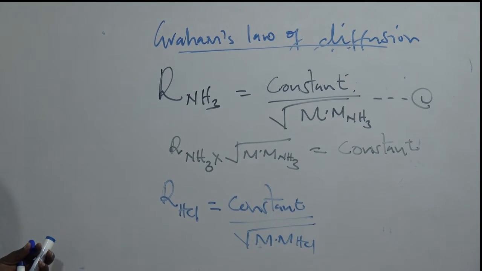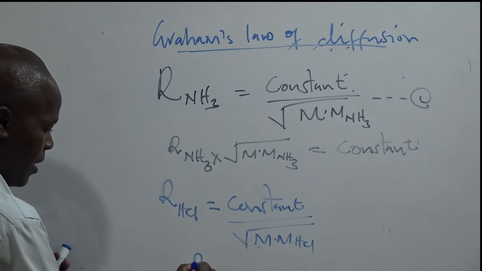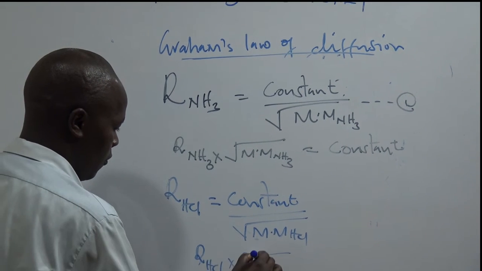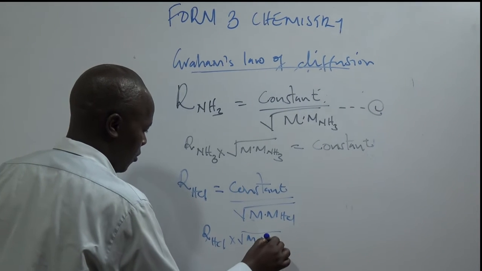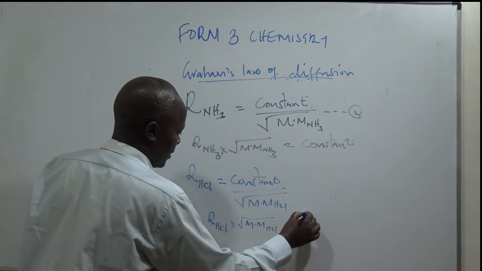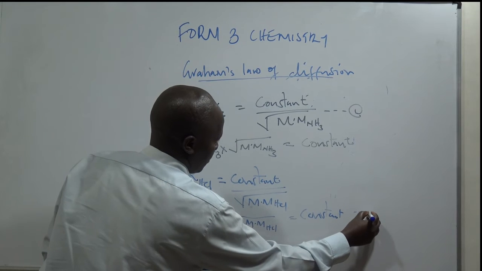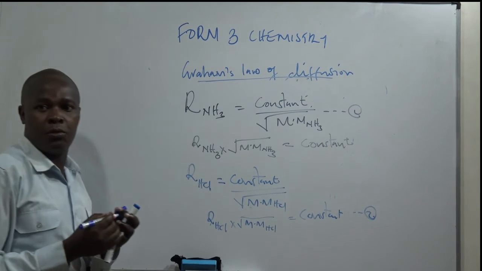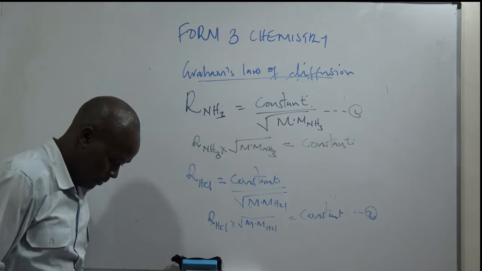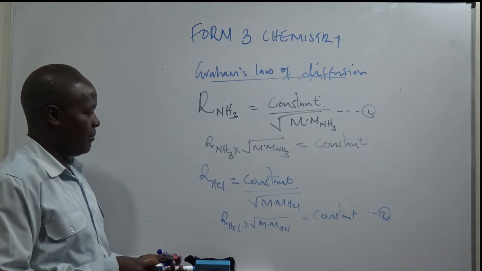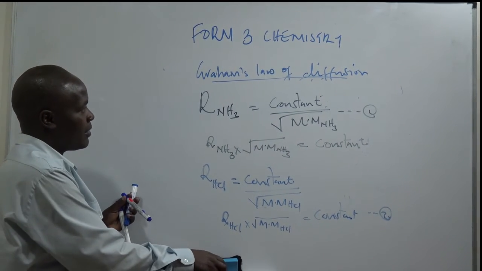If we rearrange this, we have the rate of diffusion of HCl multiplied by the square root of molecular mass of HCl, which gives us a constant, and this one becomes our equation number 2. Now, we want to combine the two equations.